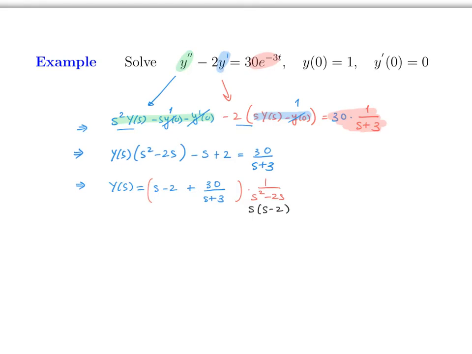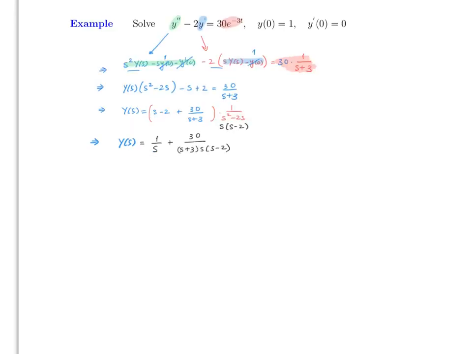Hence, if we distribute, you multiply this times that, you'll end up with 1 over s, and you multiply this times that, well, nothing cancels, so you'll have 30 over s plus 3 times s minus 2.